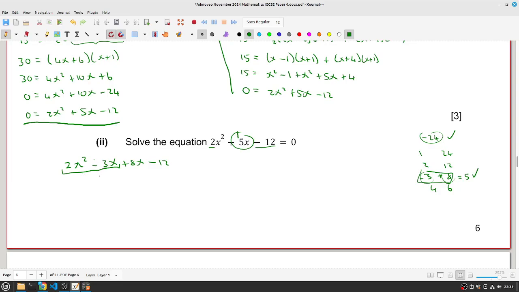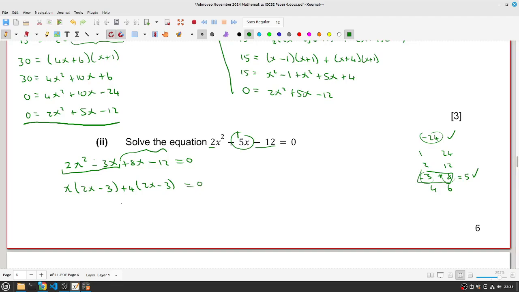What can we take out here as a common factor? An x. And what are we left with? 2x minus 3. Now over here, we can take out a common factor of 4, and we're left with 2x minus 3. Brilliant. Let me just add the equals 0 that we had there.